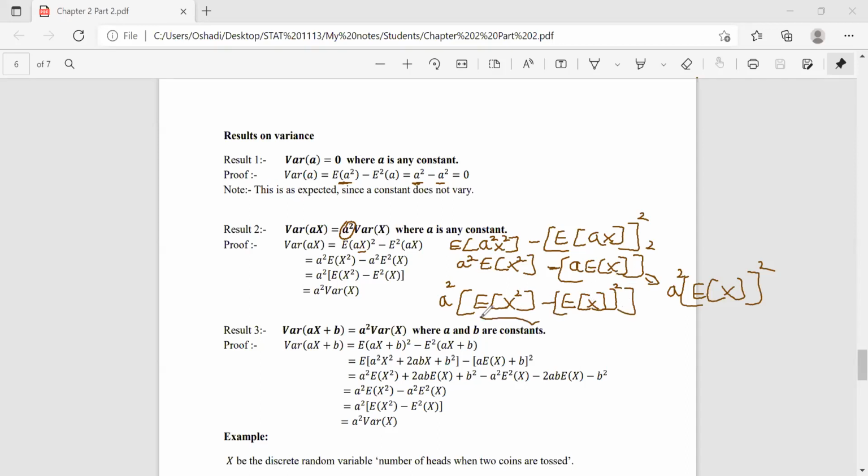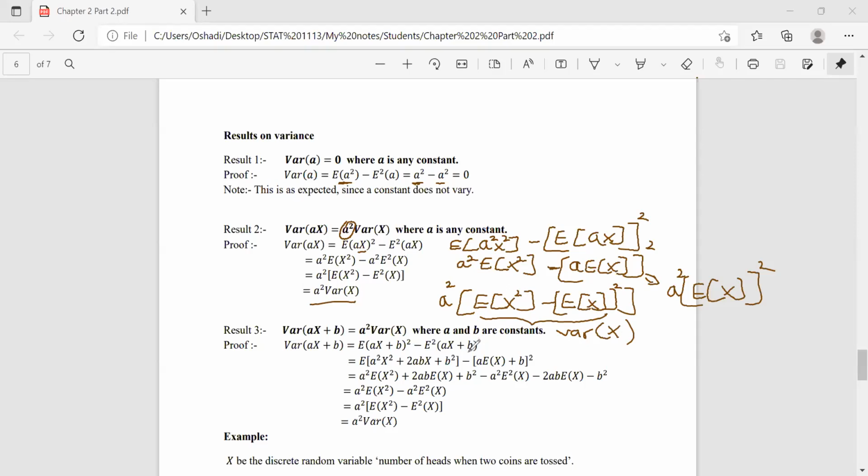So this is the variance of x. So it becomes A squared times the variance of x. Right? Then the next result, the variance of ax plus b, right?